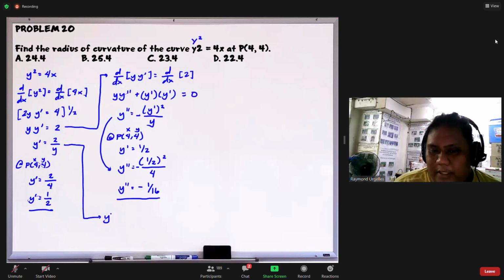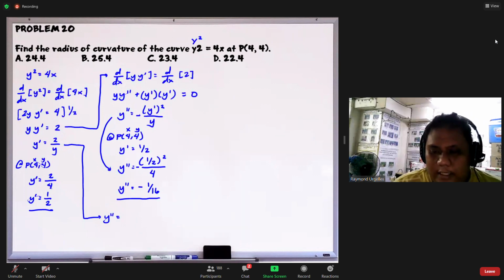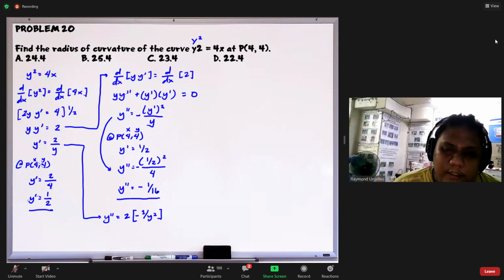So y prime prime is the derivative of 2 over y with respect to x. We can factor out the constant first. Our constant is 2. The derivative of 1 over y is negative 1 over y squared. Since this is y and this is with respect to x, we need to multiply by y prime, by the chain rule.